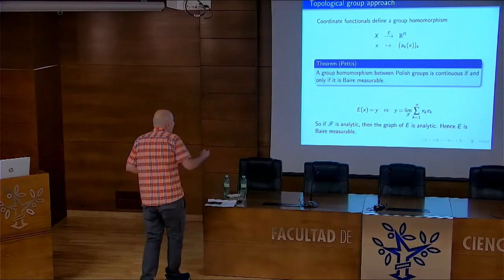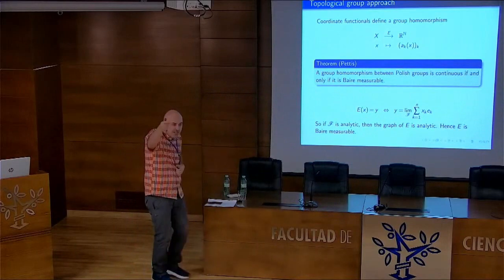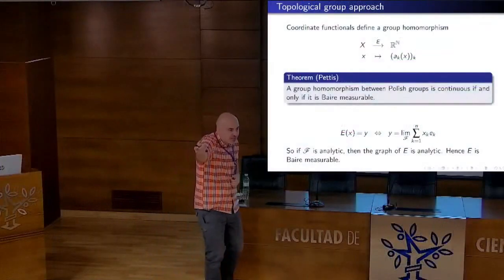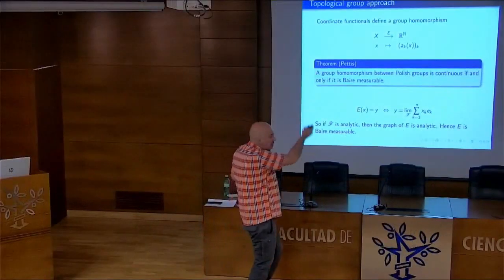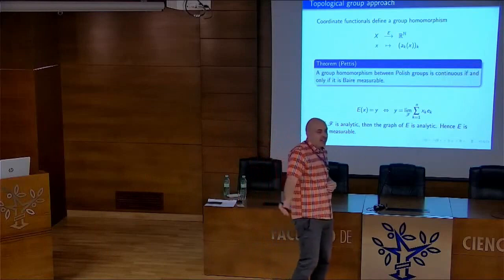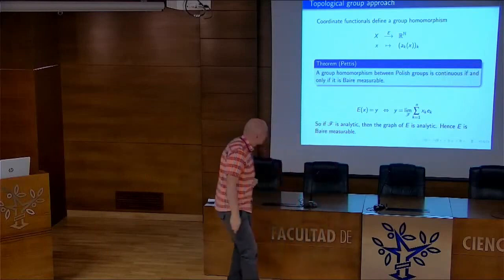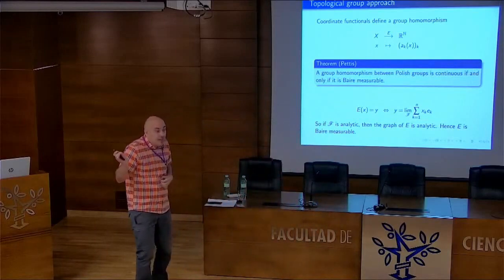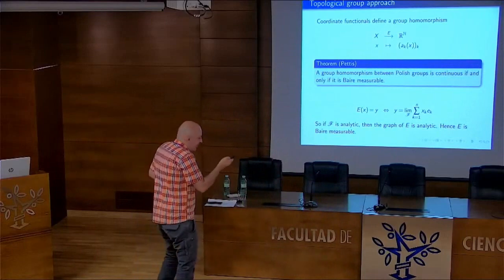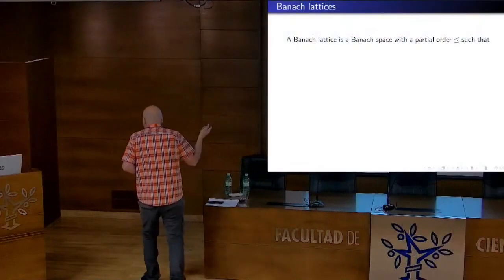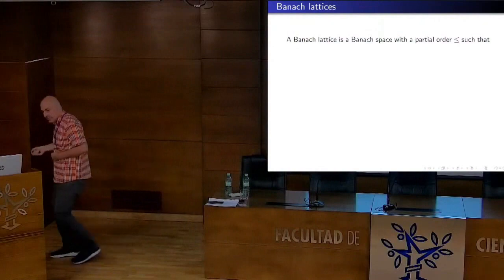So the graph is analytic, and there is a theorem that if the graph is analytic, the function is Baire measurable, and therefore by Pettis' theorem it is continuous, and this is the argument. Very nice.